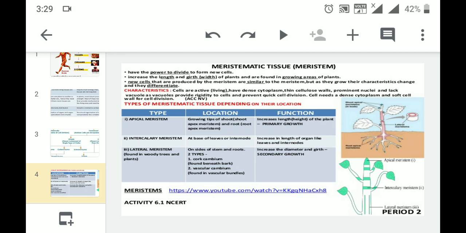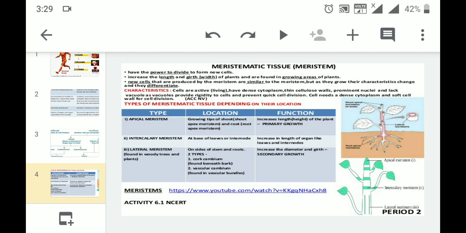The location of apical meristem is the growing tips of shoot, that is shoot apex meristem, and growing tips of roots also, that is root apex meristem. Whereas the function is to increase the length and height of the plant. That means primary growth is the main function of apical meristematic tissue.